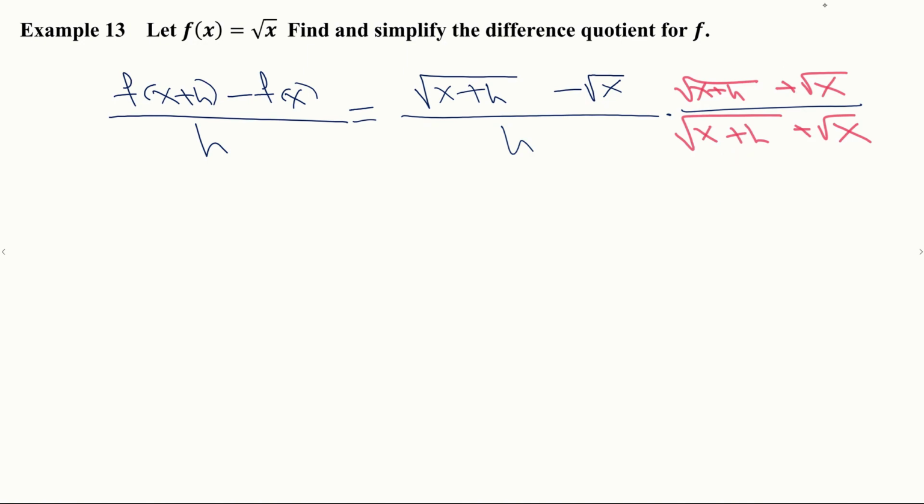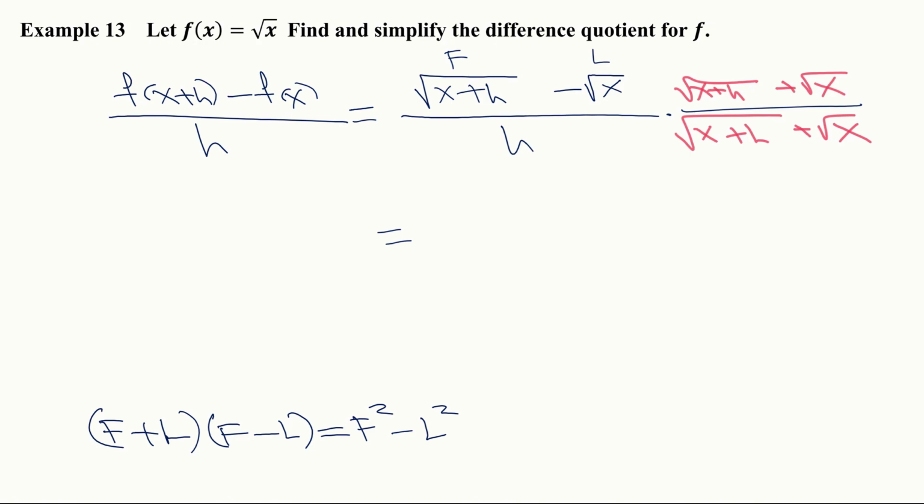Now, on the top, if you recall, if you have f plus l times f minus l, that equals what? f squared minus l squared, right? So therefore, we're going to get, think of this as f and this as l, right?